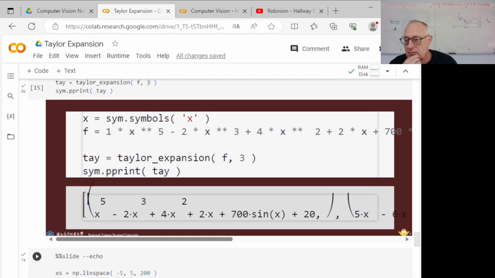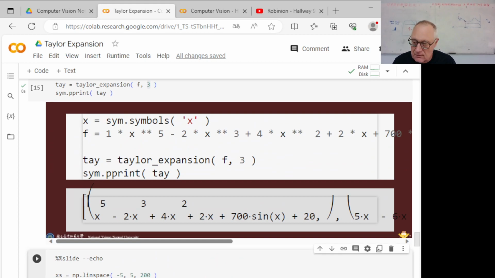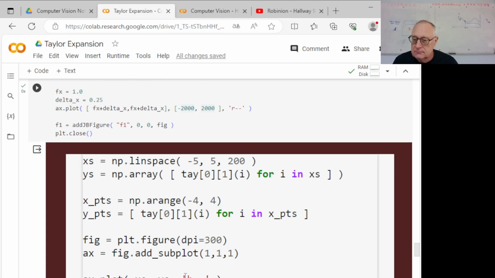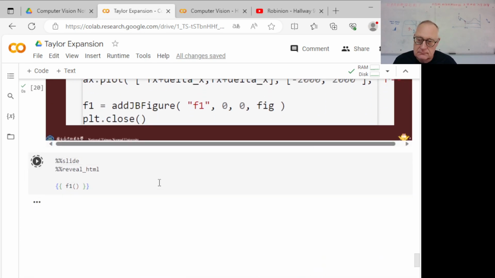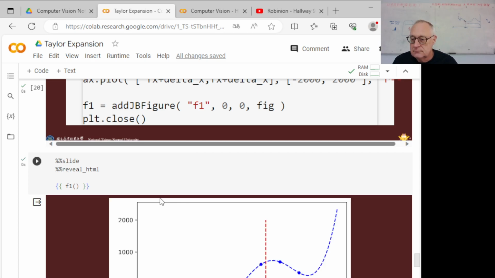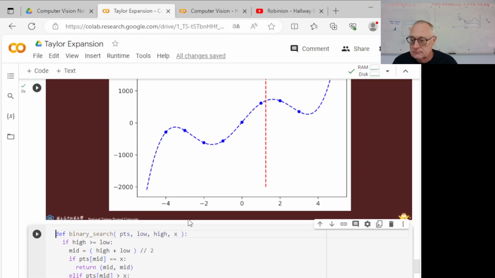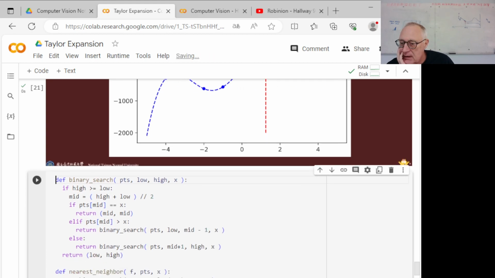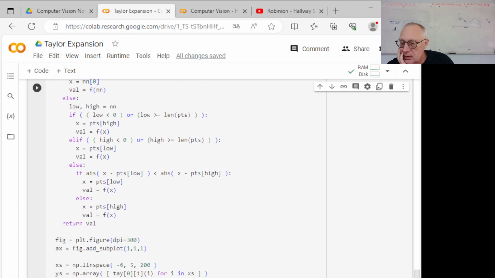Actually, this is the point that I use. So now I go through and interpolate that function using the nearest neighbor, which means I go through the known points of that function, look for the closest one, and then use that particular value in order to estimate.